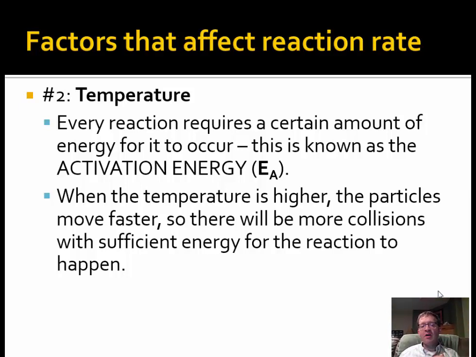You'll have given more particles the energy to jump over that hurdle, be successful, and move on with their reaction to the product side. So when we add energy in the form of heat, the particles move more quickly, they move faster, and so there will be more collisions between them and more collisions that have enough energy for the reaction to happen.